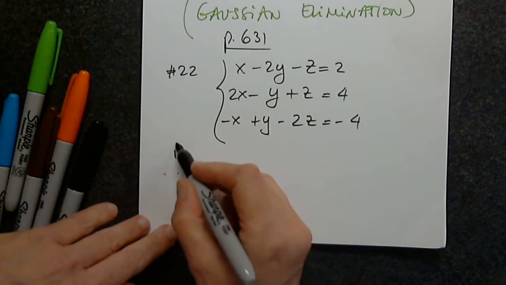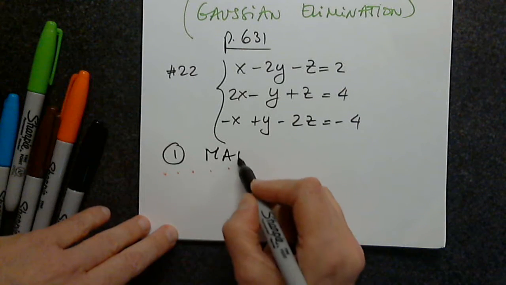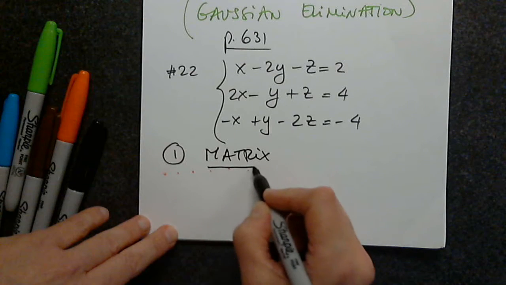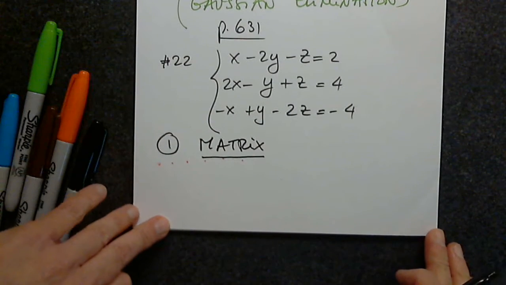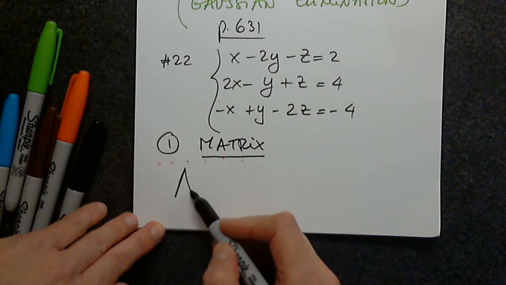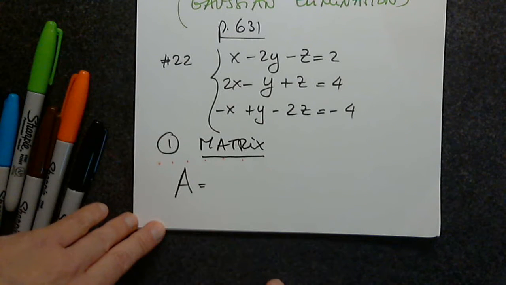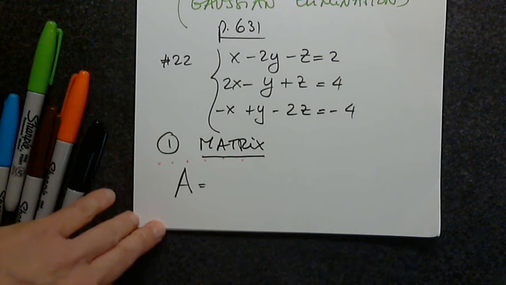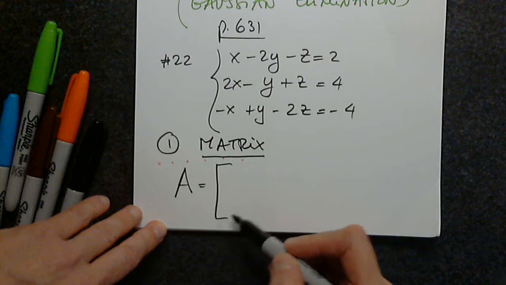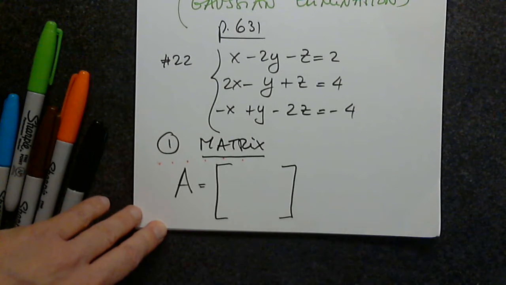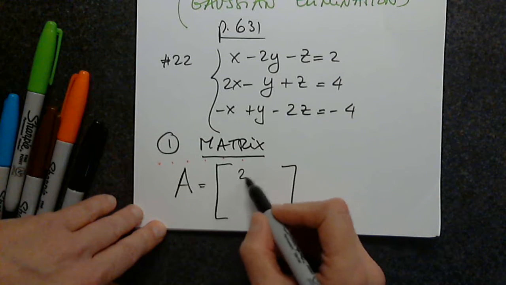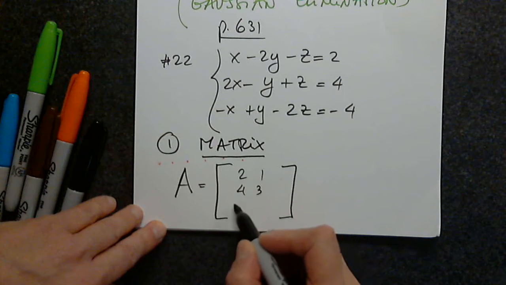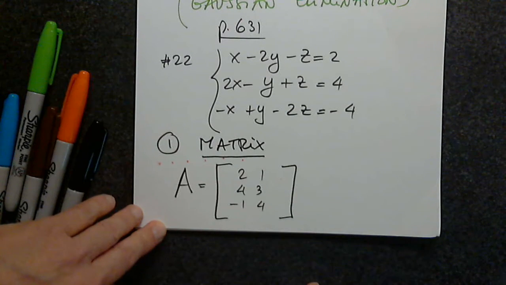First of all, I would like to show you what a matrix is. Matrices are denoted by mostly uppercase letters, but sometimes lowercase letters. To present a matrix, we use big brackets. And let's say I have 2, 1, 4, 3, negative 1, 4.